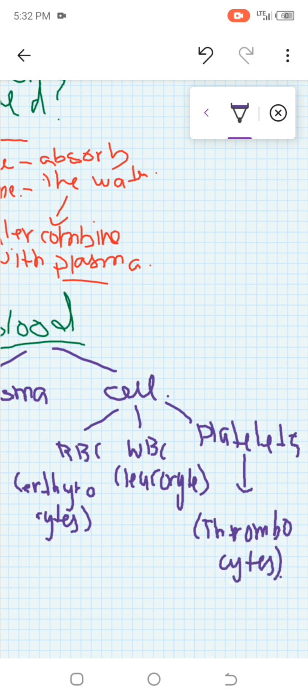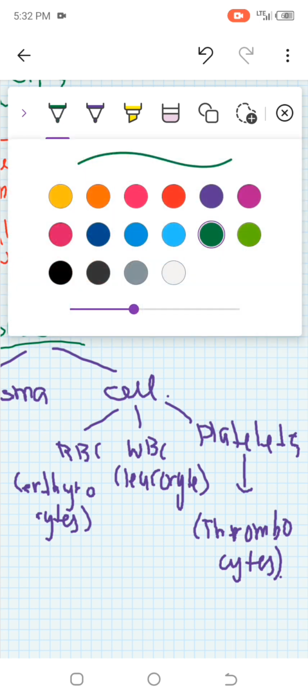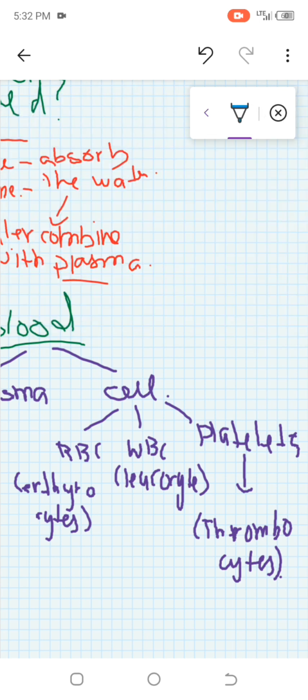Here we have the percentage of each of these. As you can see, RBC contain the highest percentage, which is 44%, while white blood cells contain the least, which is 1%, and the platelets also contain 1%.